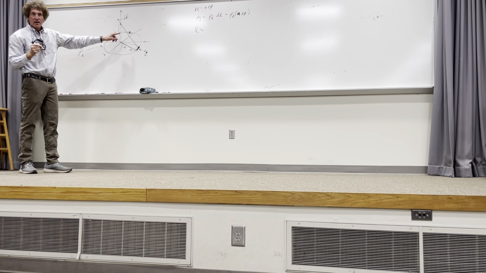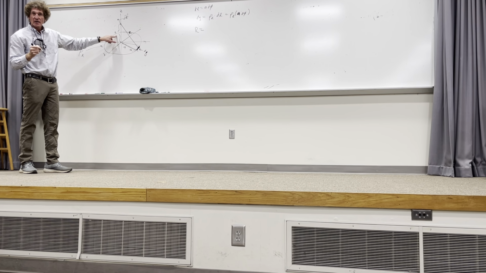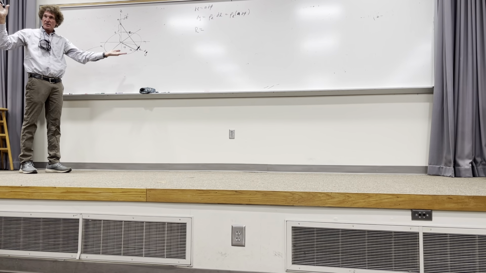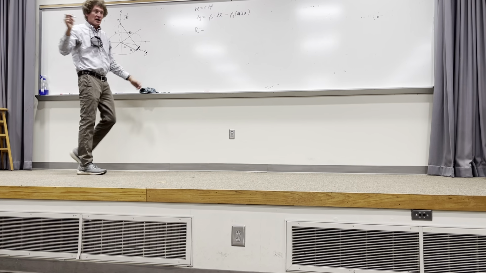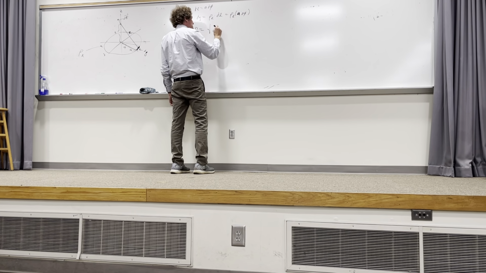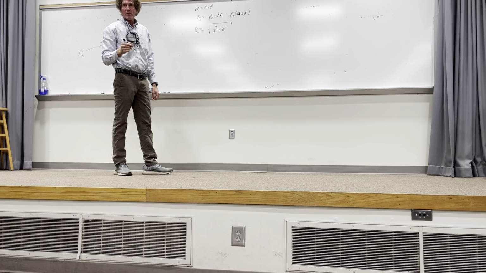Well, do you all agree it would be the square root of a squared plus z squared? That's a right triangle, isn't it? Right there. Y'all with me? So this r would be equal to the square root of a squared plus z squared. Okay? We're good so far.